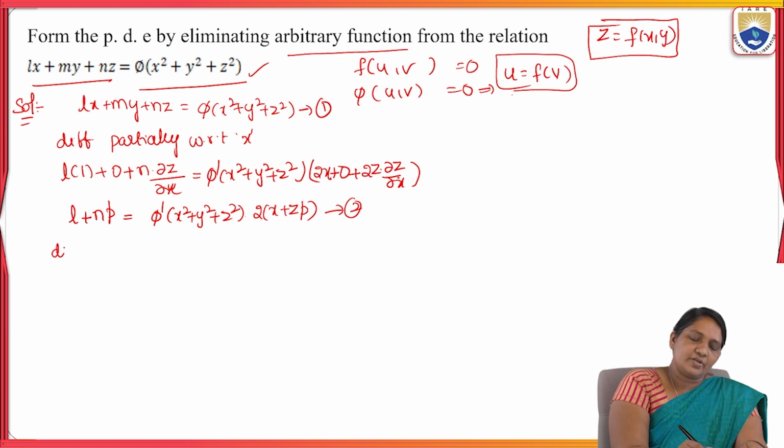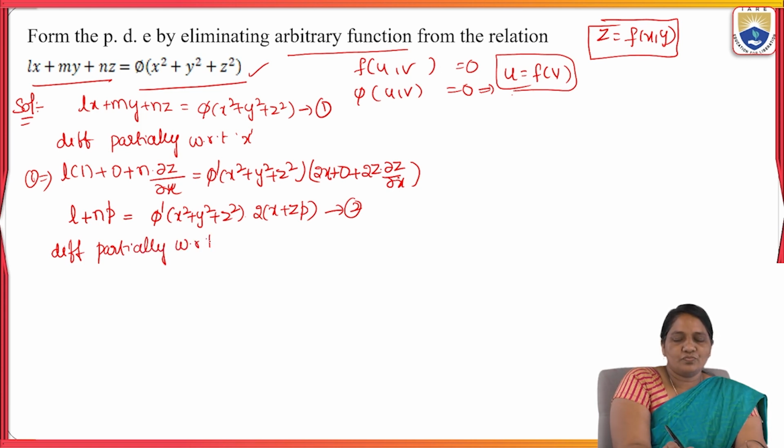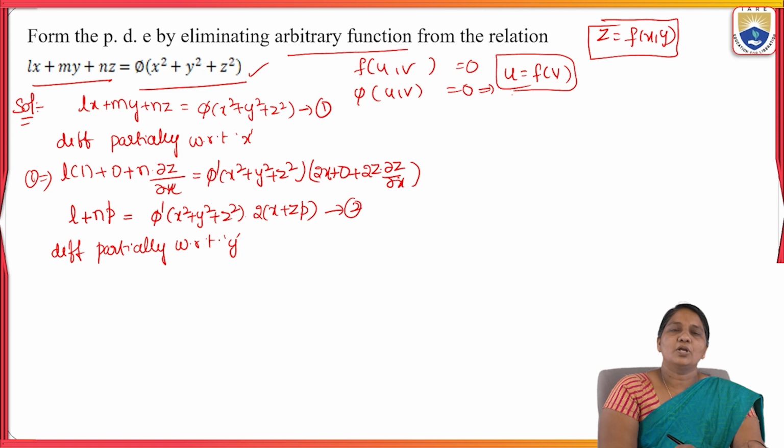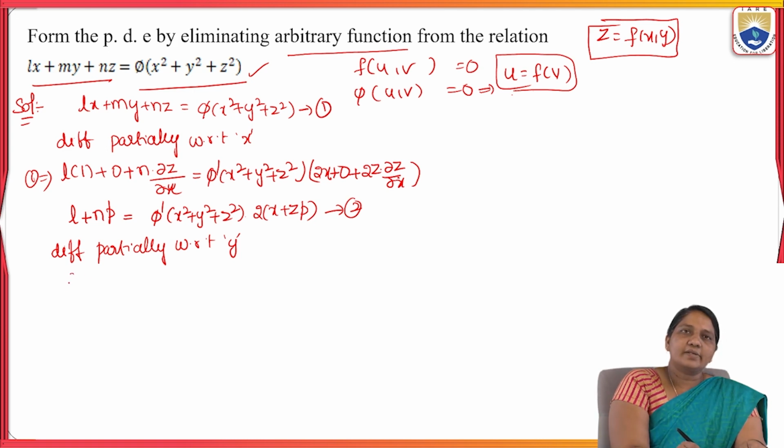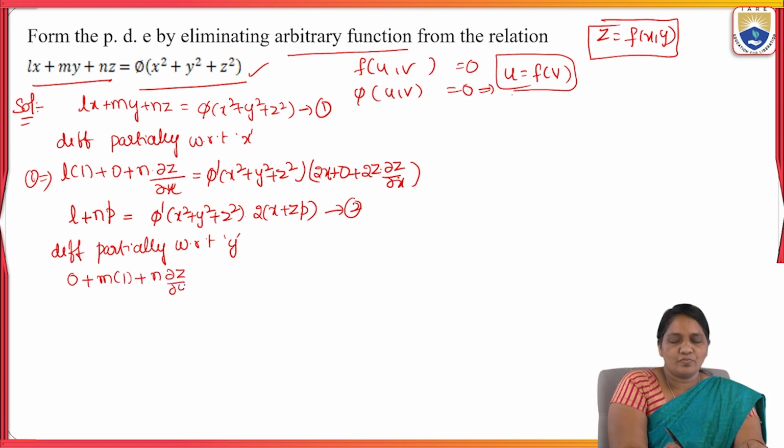Now differentiate partially with respect to y. Here l and x are both constant, so 0 plus m into derivative of y is 1, plus n into dou z by dou y, is equal to phi dash of x square plus y square plus z square.